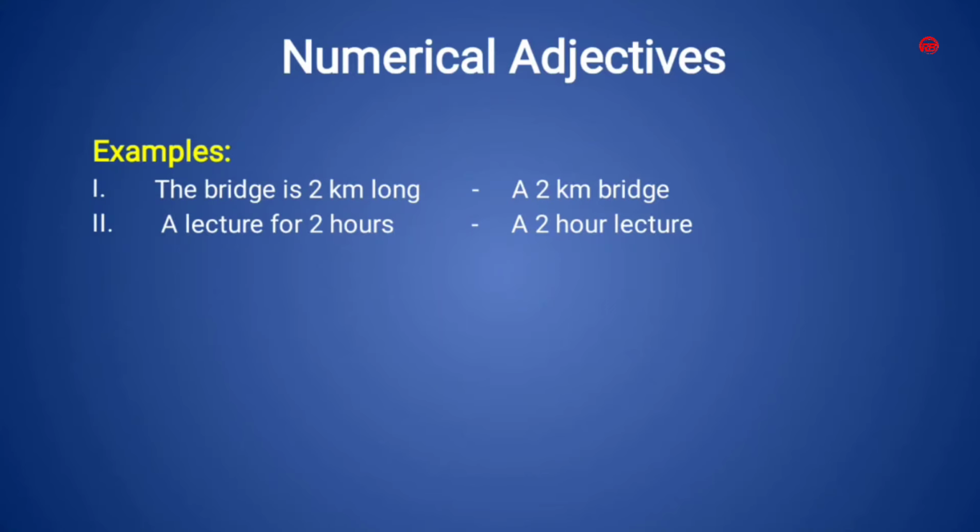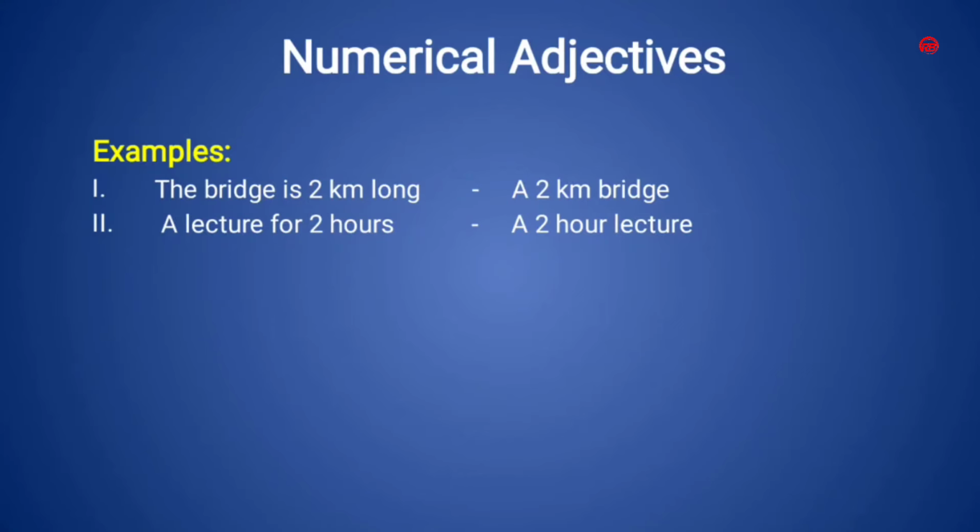And for the second example, 2 hours, a lecture for 2 hours. So first we have to take the numerical term, that is 2 hour. The plural form has converted into singular form, and we have to add article a and the noun: a 2-hour lecture.